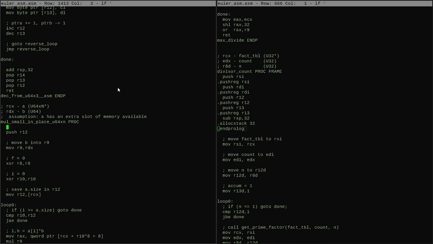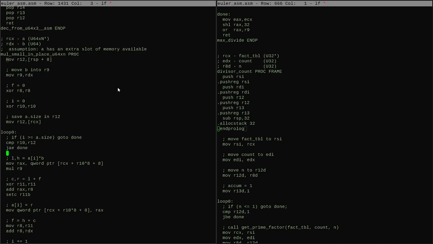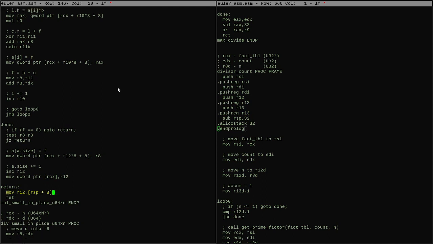So we're gonna do this one differently, and then we're gonna probably have to figure out unwind info for that too, but let's do this one with the new trick we learned. Pop R12.